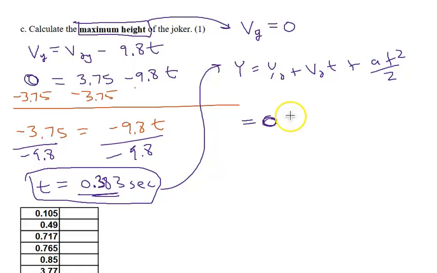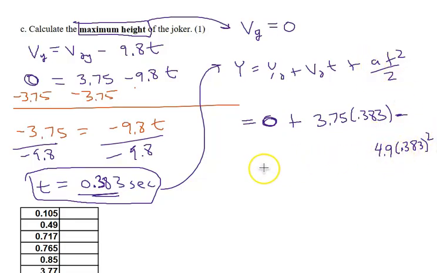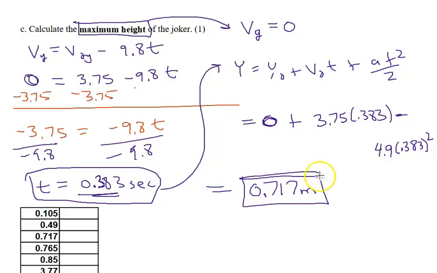Started on what we're calling the ground, which is the Batmobile, with an initial speed of 3.75, minus 4.9 t squared, because 9.8 over 2 is 4.9. And you get 0.717 meters. That is how high the Joker is, the max height.